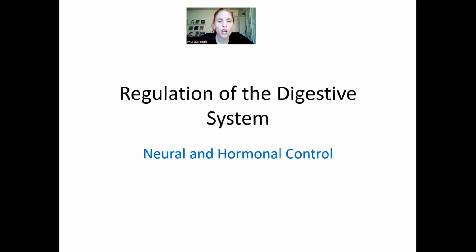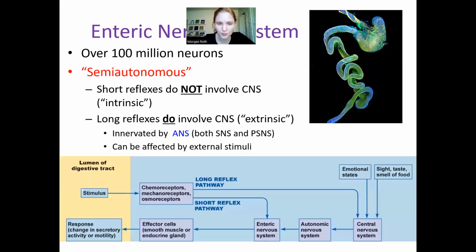Okay, so now let's talk about how we regulate activity of the digestive system. We're going to talk about neural control as well as a few hormones, so a little bit of hormonal control too. For our digestive system, we have a lot of neurons, and they create a network.